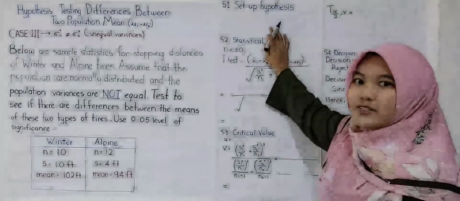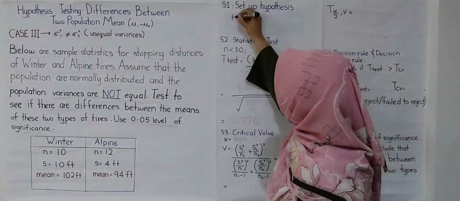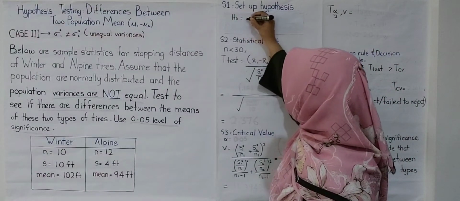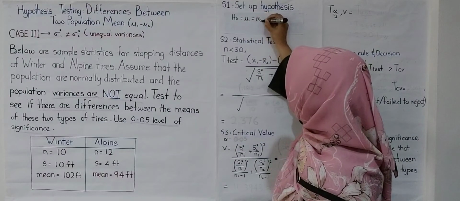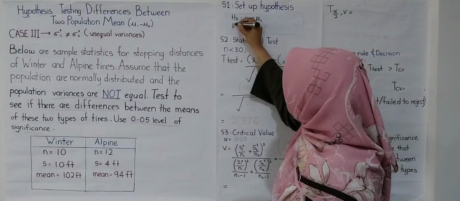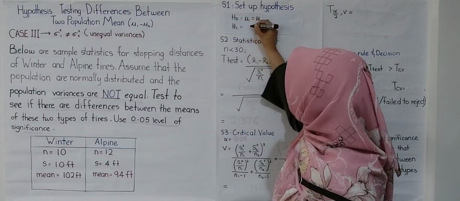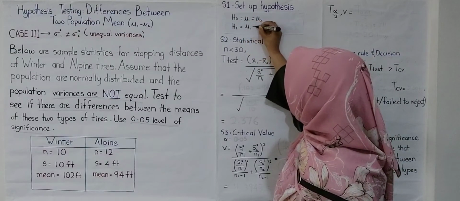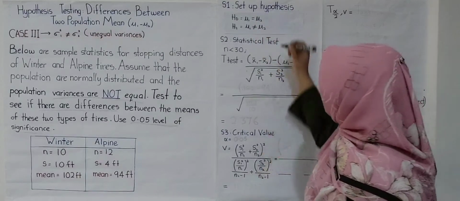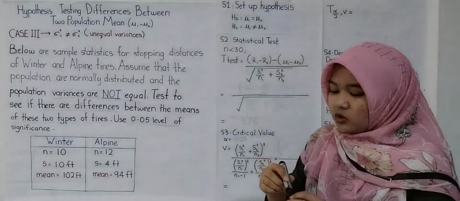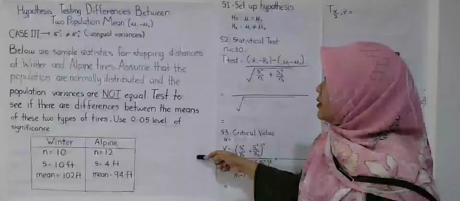Set up hypothesis, which is H null: mu1 equal to mu2. H1: mu1 unequal to mu2. And how do we know what this question actually claims?